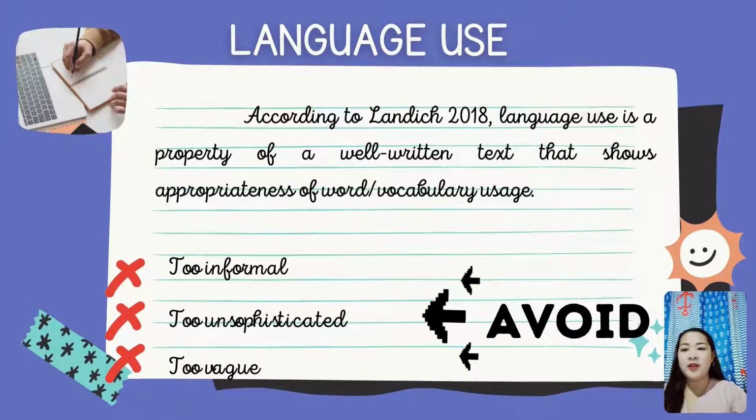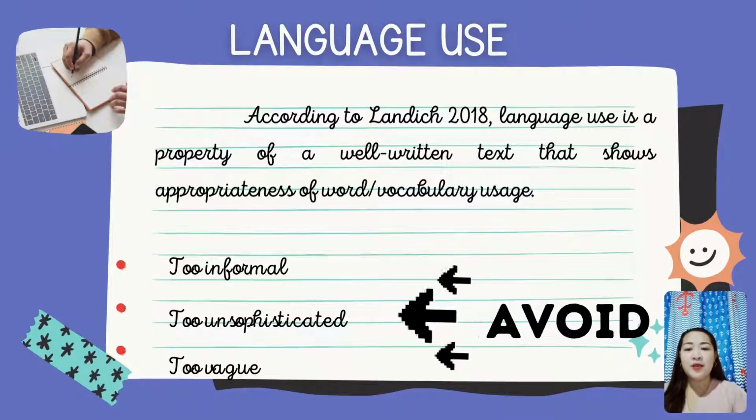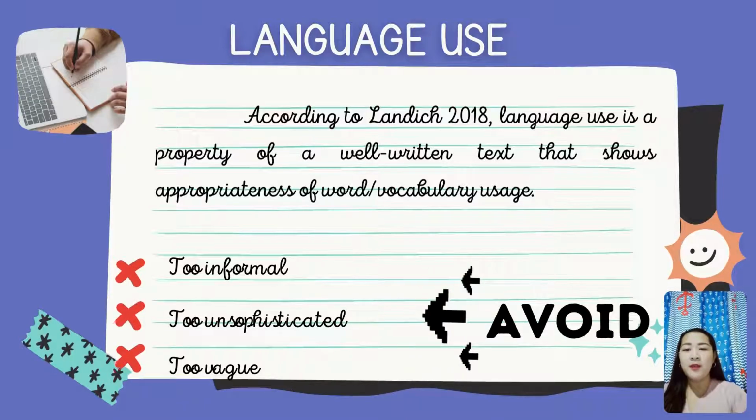The 4th property of a well-written text is language use. According to Landage 2018, language use is a property of a well-written text that shows appropriateness of vocabulary or vocabulary usage. Words and phrases that you must avoid in order to practice appropriate language are too informal, too unsophisticated, and too vague.